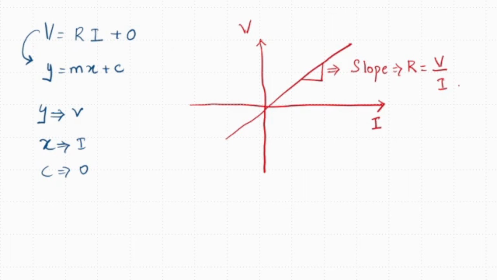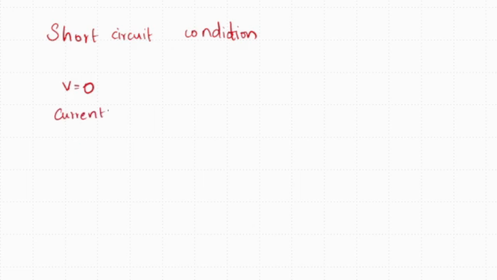Is that clear? Yes. Now, let's talk about short circuit condition. Right? What are the conditions for it? V is equal to 0 and current can be positive or negative.